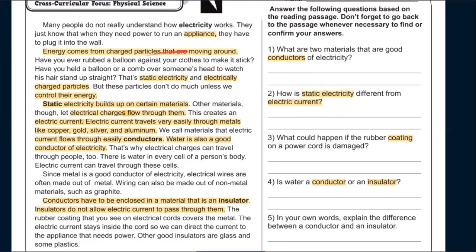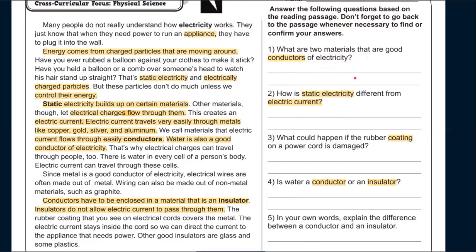It's kind of flashy. Okay, so let's read the questions. Answer the following questions based on the reading passage. Don't forget to go back to the passage whenever necessary to find or confirm your answers. Number one: What are two different materials that are good conductors of electricity?